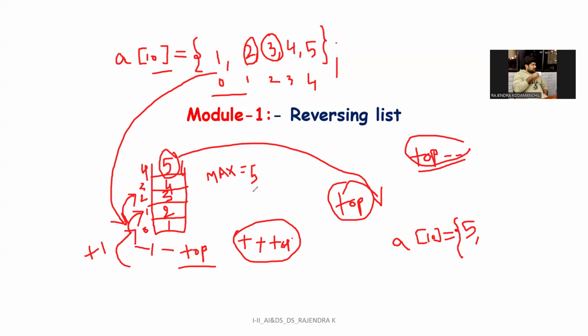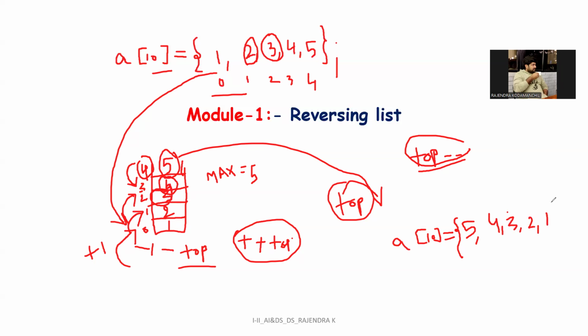Now the top location is 4. Now the top is decremented from 4 to 3. Now it is coming to location 3 of the stack. Now by using the pop operation, the 4 comes and is stored in the array. Now the top is decremented, now it reaches 3, then 2. Then similarly 4, 3 and 2, 1.